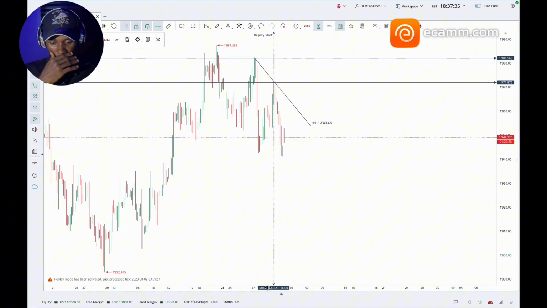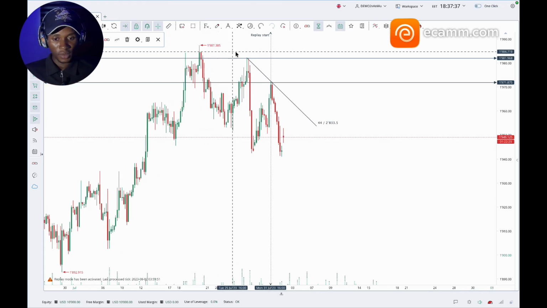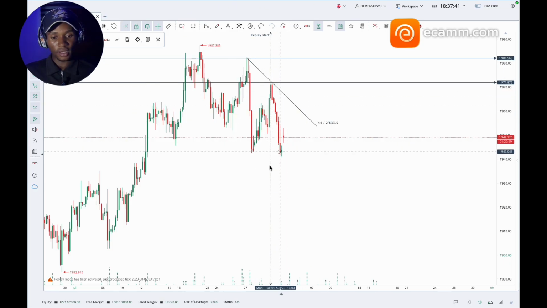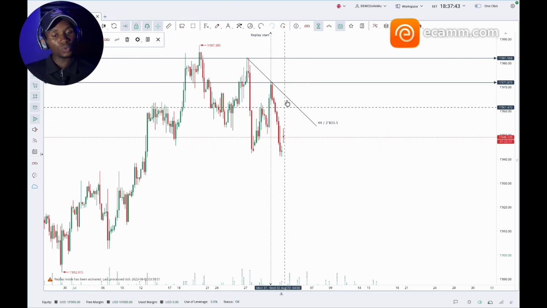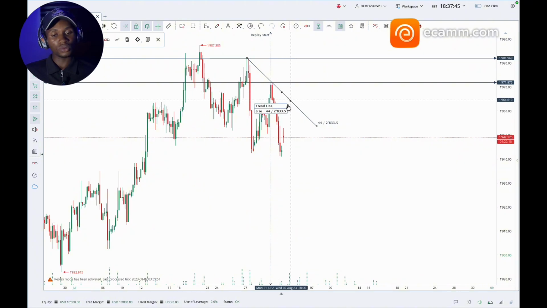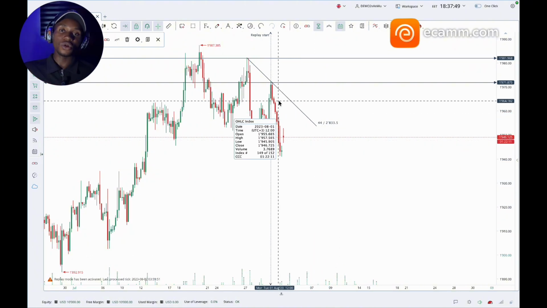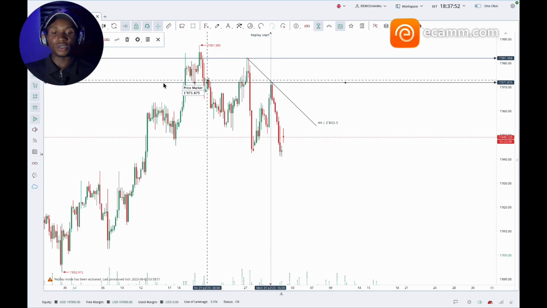So looking at this now, let's look at the market structure again. You can see here, this is the lower high, this is the lower low, this is the lower high, this is the lower low that is forming now. So when we come back to our zone, we're looking to short this market. Once we get back to our zone, we'll go to the lower time frame and execute our strategy.